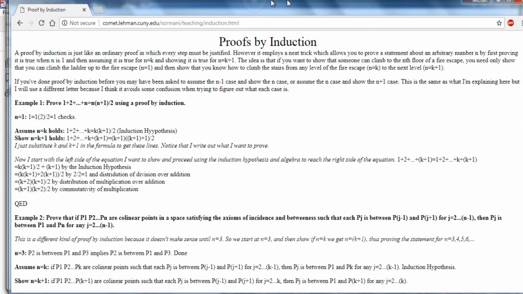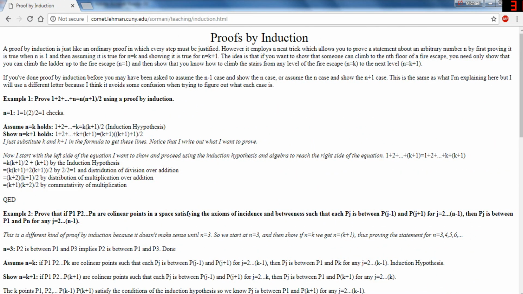Good example. And this is a better example that I found online. So let's say you want to prove that 1 plus 2 all the way up to n is equal to n times n plus 1 over 2, by induction. You first see if it works for the first case, which is 1.